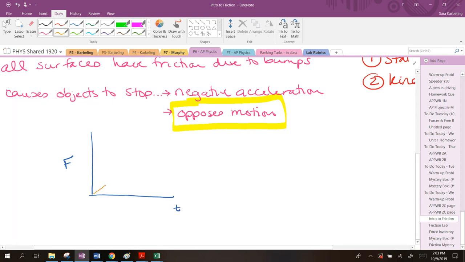It goes up, up, up, and then it hits some peak. And then what happened after that? Then it goes down, and then it stays constant. This part right here is the static friction, and this part here is the kinetic friction.